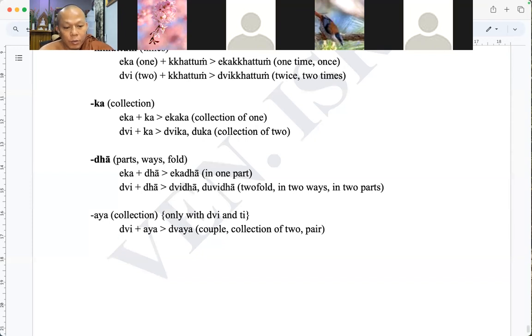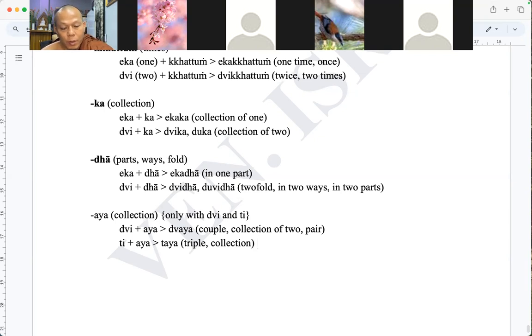The same way to ti and the aya, we have taya, also like a triple, or the collection of three.